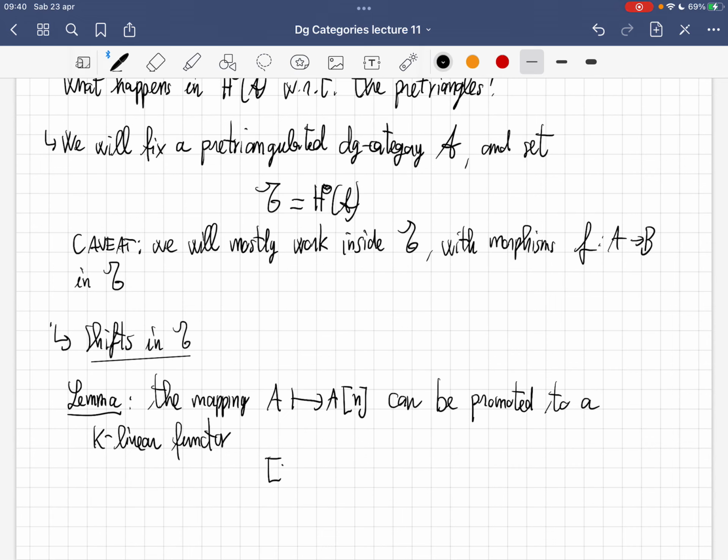So what we have is actually a functor from T to itself, and this works for every integer.